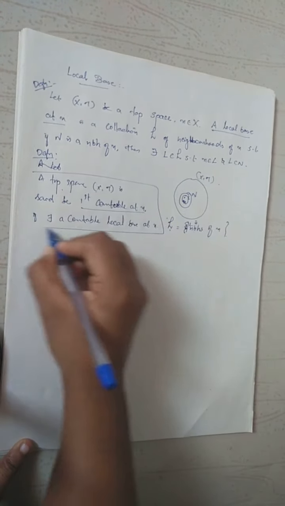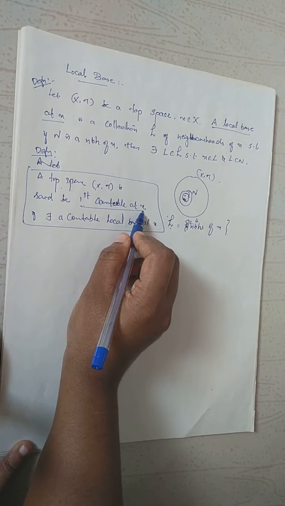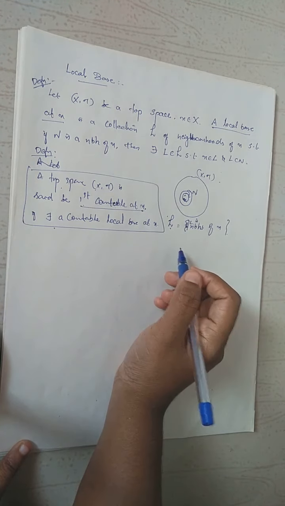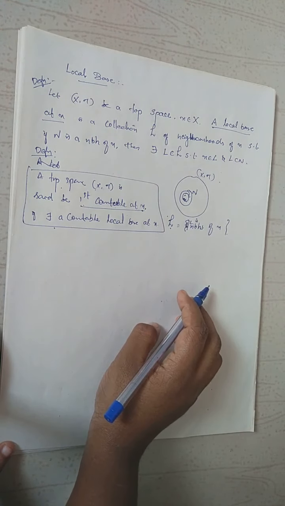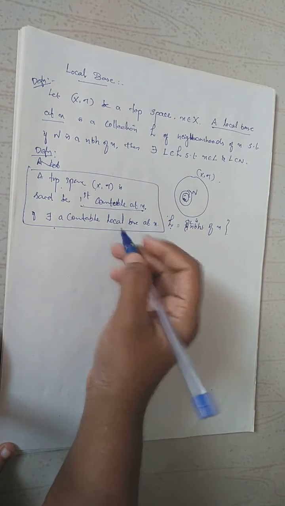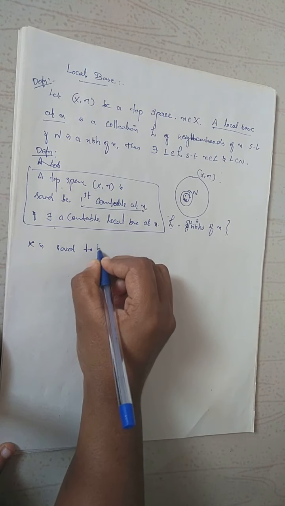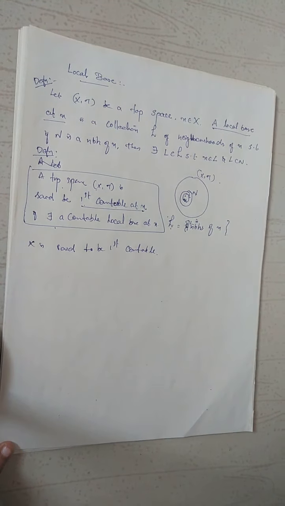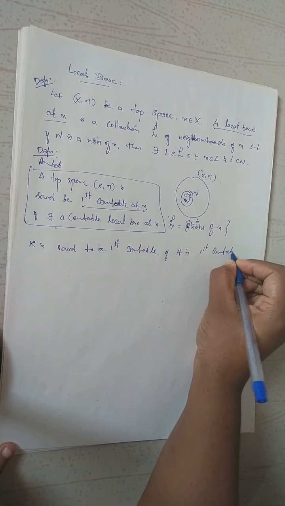First countability is defined at a point x if there exists a countable local base at the point x. The definition of local base is as defined earlier. And the space itself, X, is said to be first countable if it is first countable at each of its points.